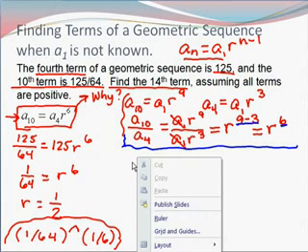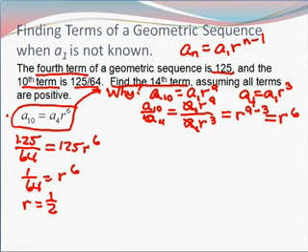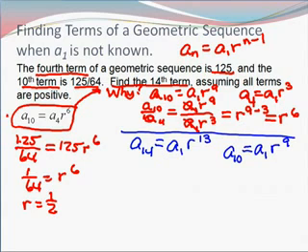So let's set up our equations for finding A14. So A14 is equal to A1 r to the 13th, and A10 again is equal to A1 r to the 9th. And let's find the ratio of those two terms.